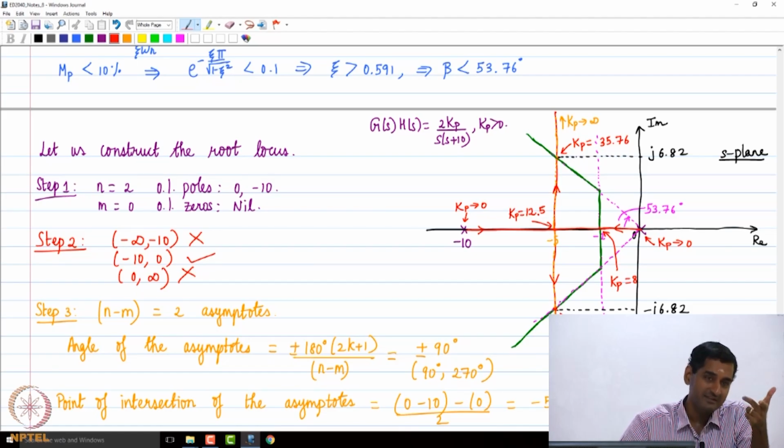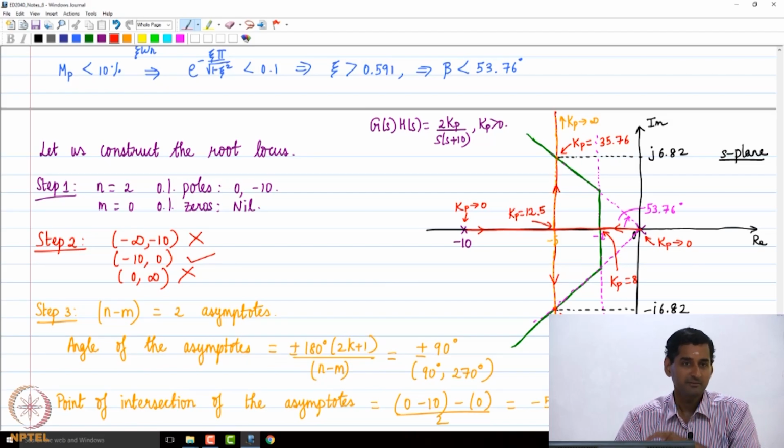Conversely, if you parameterize the polynomial using one parameter, and you choose any two complex conjugate roots which are solutions to that polynomial, the value of the parameter should be the same. Otherwise there will be a dichotomy, right? That's why Kp is the same. So it doesn't matter whether it's minus 5 plus 6.82j or minus 5 minus 6.82j, okay?